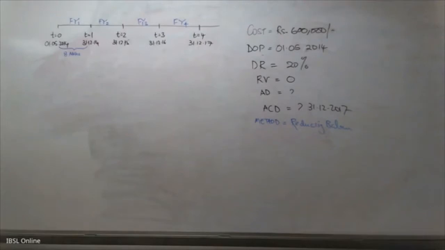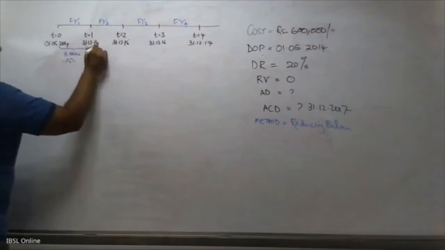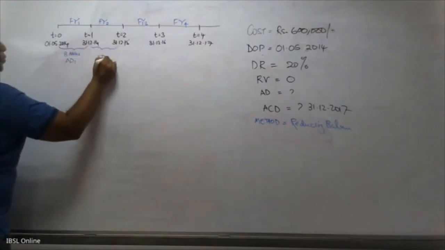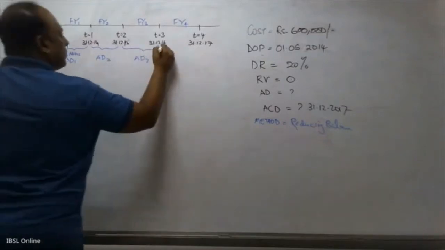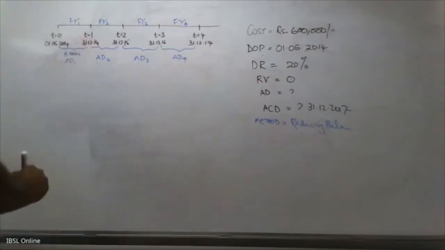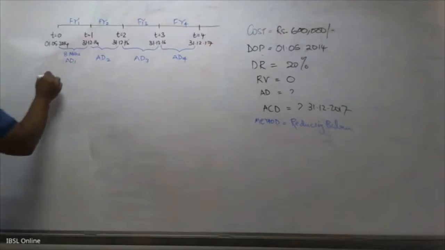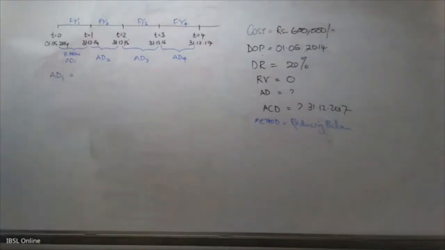Now the problem here will be, let's say, we assume that this is annual depreciation 1, AD2, AD3, AD4. Now, according to your knowledge so far, AD1, if you calculate, it is annual depreciation. So what it is?